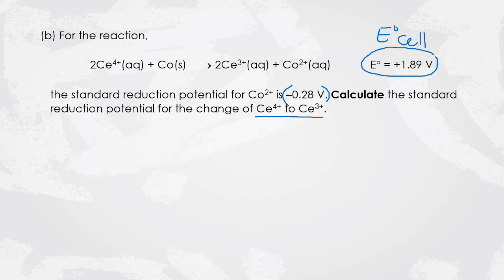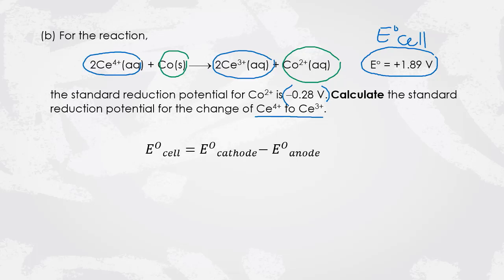From the balanced equation given, we can see that cobalt will undergo oxidation, meaning it is going to release electrons, while Ce4+ is going to undergo reduction because it is going to accept electrons. So we are going to use exactly the same formula as before: E° cell equals E° cathode minus E° anode. Ce is the one that undergoes reduction, meaning it is the cathode.